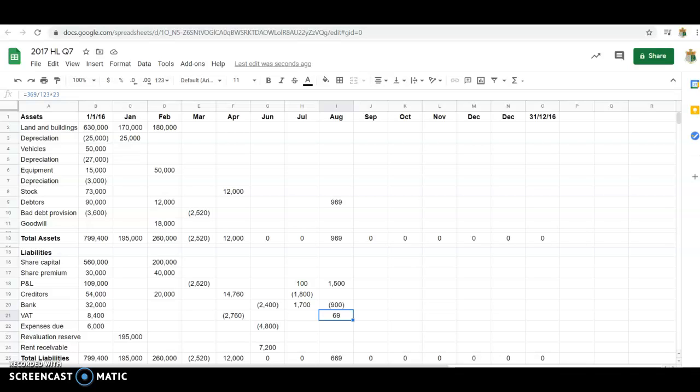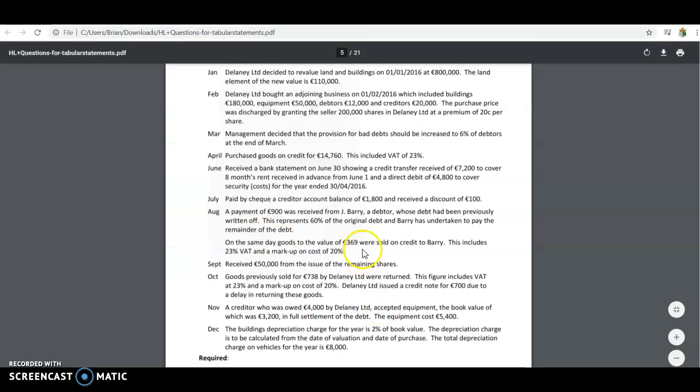VAT on purchases, you're owed that, so it creates an asset, or in this case, as we saw earlier in the question, reduces a liability. All right. So of that 369, 69 is VAT. So 369 take away 69, that's €300 of an actual sale before VAT. And I am told that that €300 includes a markup on cost of 20%.